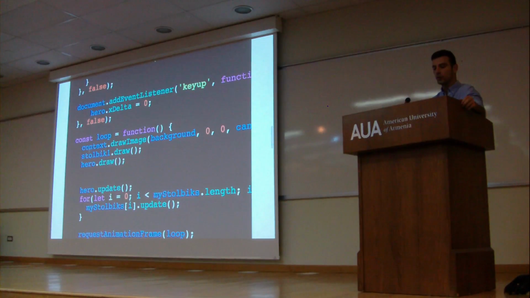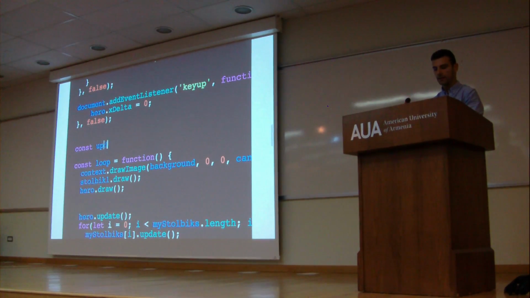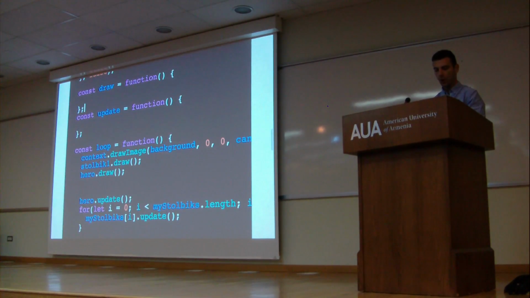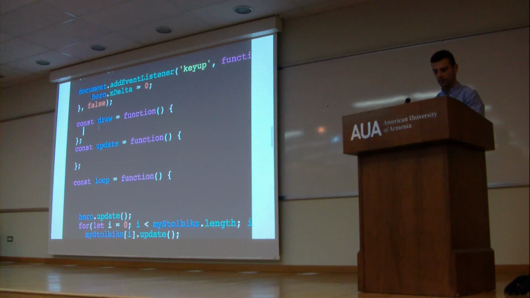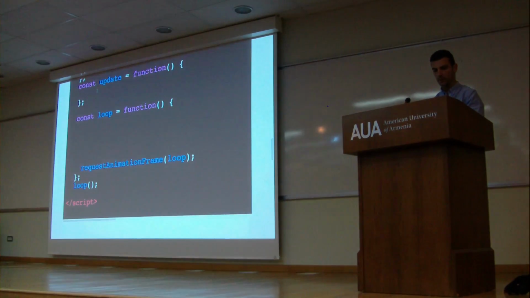So what I asked you to do in the homework is to create a separate function called update and a separate function called draw. And all the draw stuff goes in here, and all the update stuff goes in here.